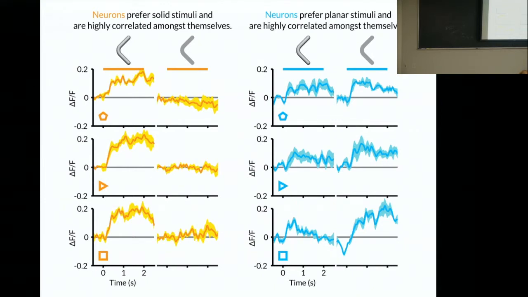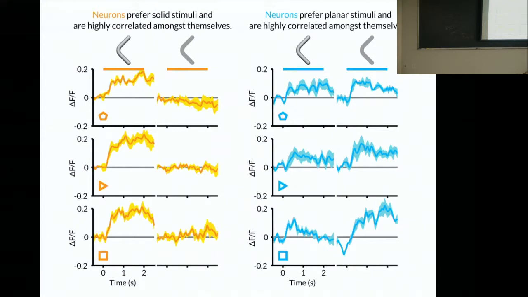In this experiment, we used 3-dimensional shaded stimuli as well as flat, bright or dark 2-dimensional stimuli. And this neuron is demonstrating a substantial increase in neural activity, as reflected by calcium fluorescence, for the 3-dimensional stimulus, not for the 2-dimensional stimuli.